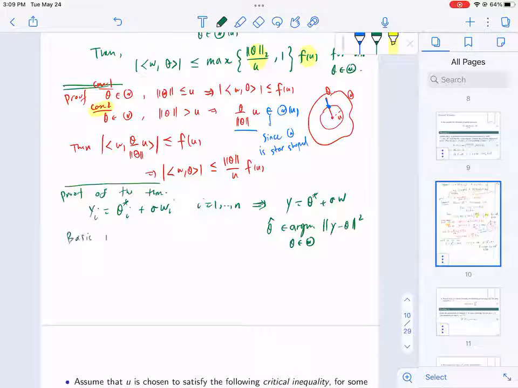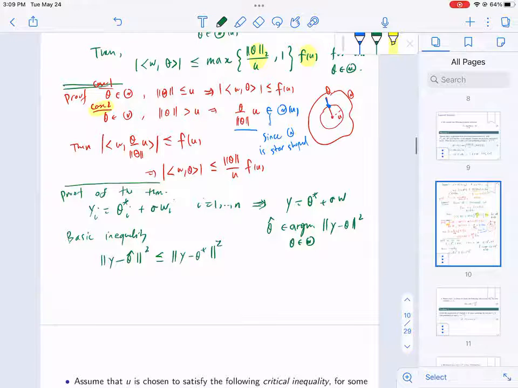So we say the norm of y minus theta hat is less than or equal to the norm of y minus theta star. Why is that the case?